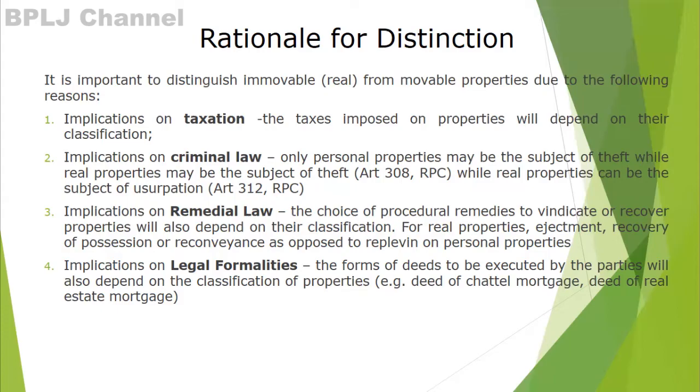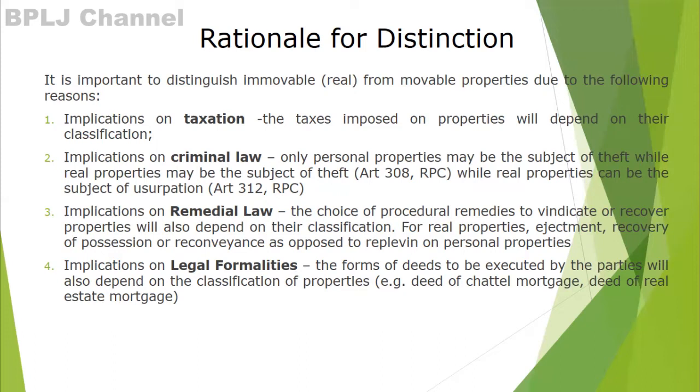Another implication would be on criminal law. From your criminal law, you know that only personal properties can be the subject of theft because asportation is an essential element of the offense of theft. And if a thing is not capable of being transported or moved, it cannot be the subject of theft because of the absence of the element of asportation or taking.